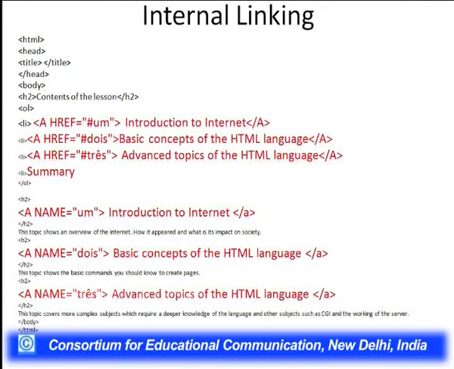A href is equal to #dois, a href is equal to #tres. All these links are there on the same page, and down on the same page you can see the sections of the page have been named by using the tag a name. Name is used to give the name of the particular section or paragraph which will come up in front of the user once the link is clicked.